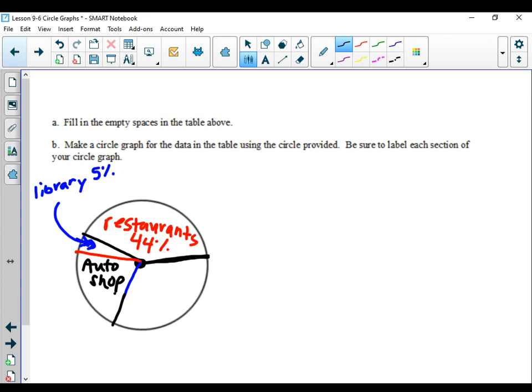I don't even think I have enough room. And hopefully, the piece that's left is close to 34 from my other. My dog walkers, my landscapers.